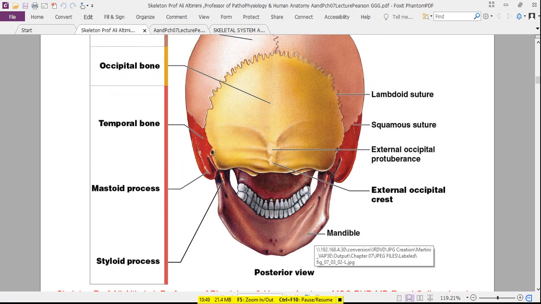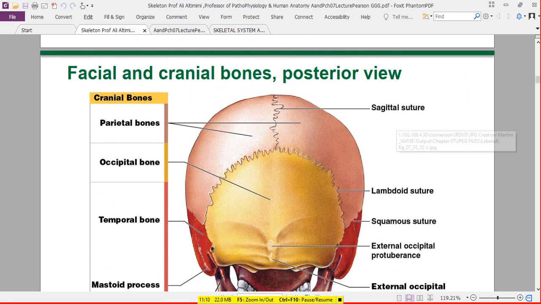Then this is the mandible, external occipital crest. This is external occipital crest, external occipital protuberance, squamous suture, lambdoid suture, sagittal suture. These are the facial and cranial bone in the posterior view.